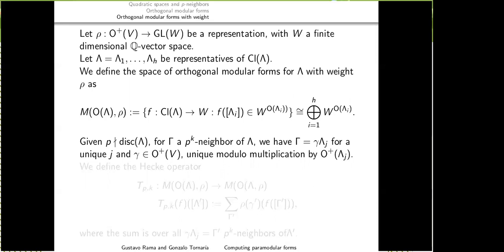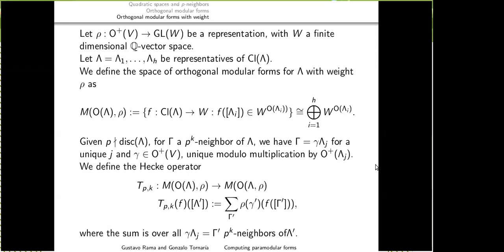Okay, so we take P that doesn't divide the discriminant of lambda. And now if we have a gamma, a pk neighbor of lambda, we have that gamma is equal to gamma lambda chi for a unique chi, and lambda a proper automorphism in the space. And this gamma is unique modulo multiplication by the proper automorphisms of lambda j.